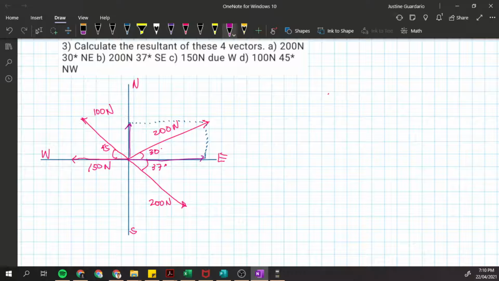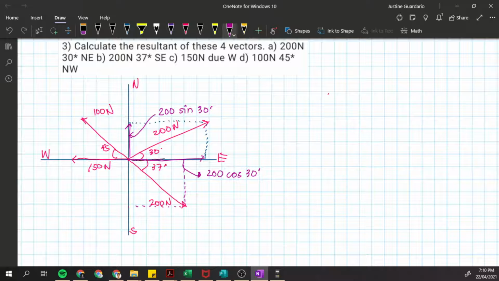Okay. So, this vector is 200 Newton cosine 30. Okay? Sabi nga natin, kapag with reference sa ating x-axis, cosine gagamitin. Kapag naman dito, this is equal to 200 sine 30. Okay? Then, we need to resolve this one, itong vector na to, to its x and y components.